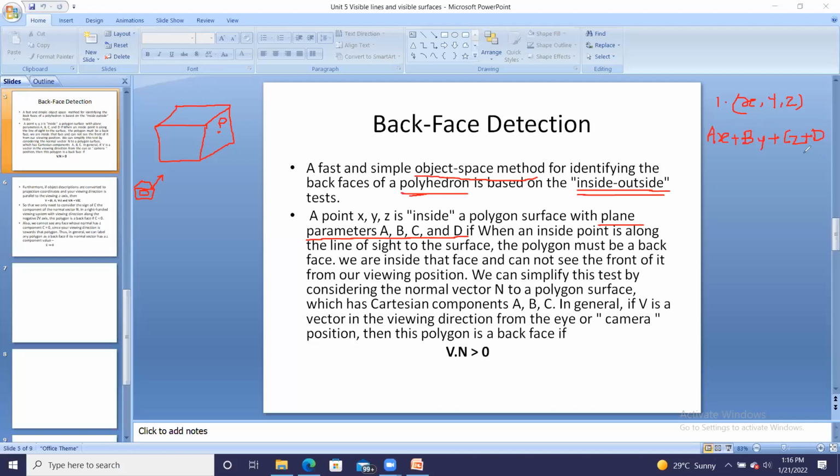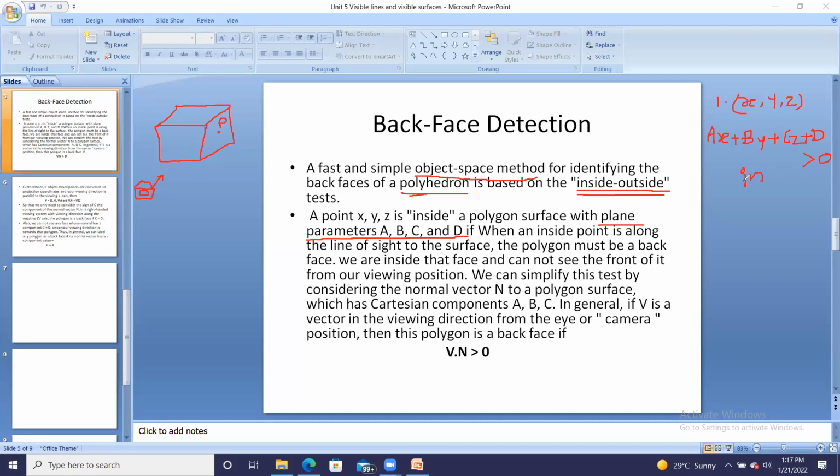If this expression is greater than 0, then we will consider that the point is inside. If this condition is satisfied for x, y, z coordinate with fixed coefficients a, b, c, d, and when I put x, y, z in this formula the value is greater than 0, then that point lies inside the polyhedron. So we have this particular expression.